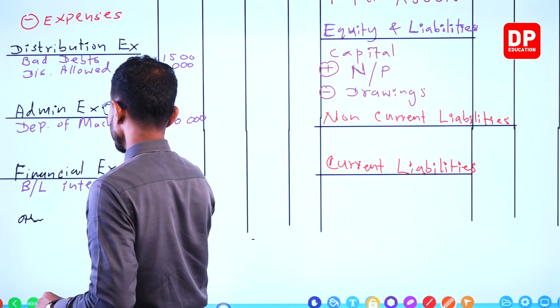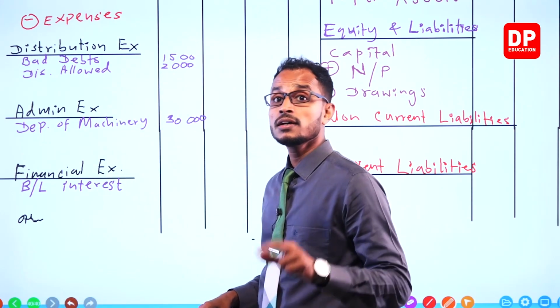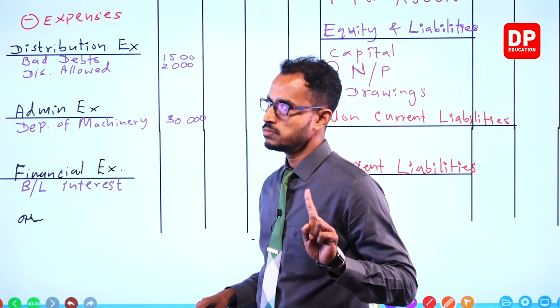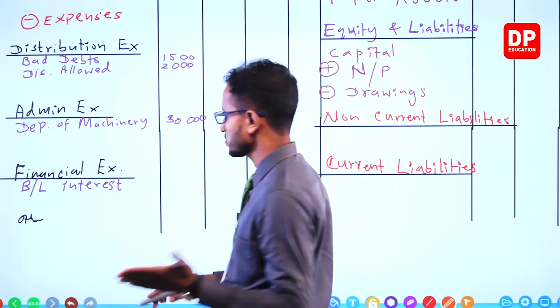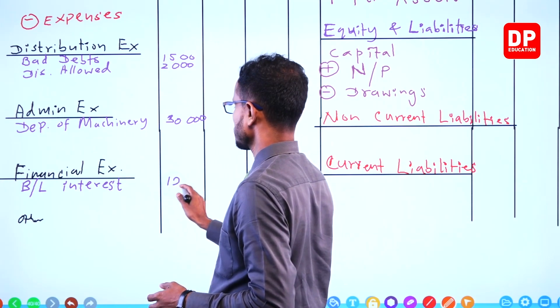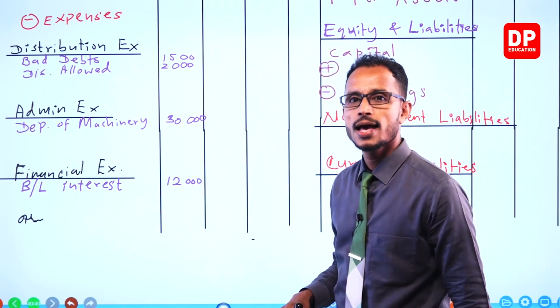Which value do you record as bank loan interest? Not 6,000. No, 12,000. Got it?